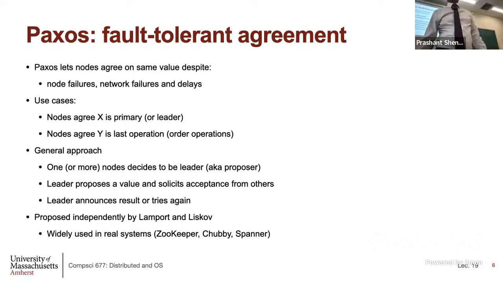If the majority decide to accept, then the leader is going to say, this is the value that we all agreed on, and then convey that to everyone. So there are multiple phases. But if there is disagreement, which means that some nodes don't agree, then you will have to retry until all nodes agree. We'll see how that works.